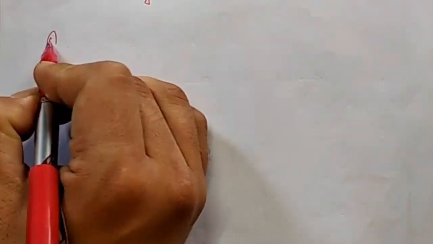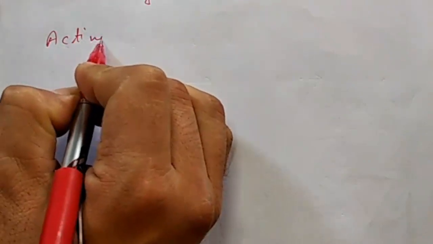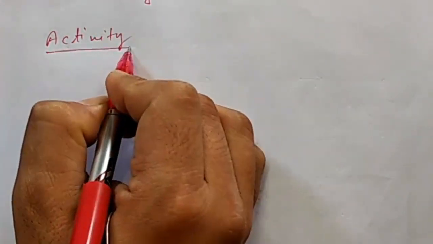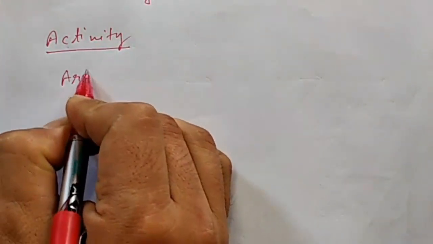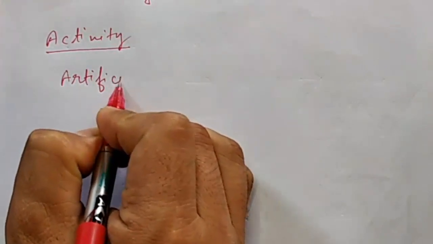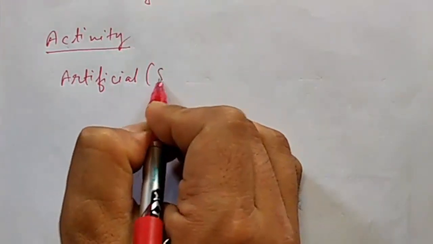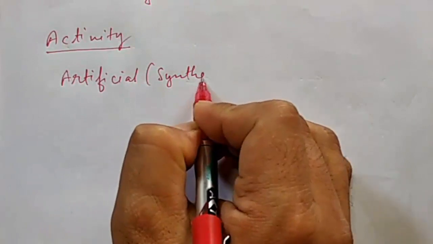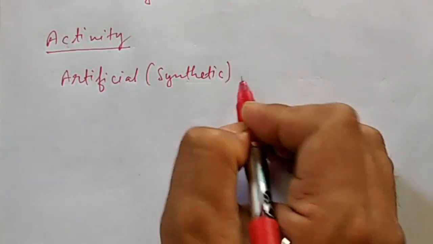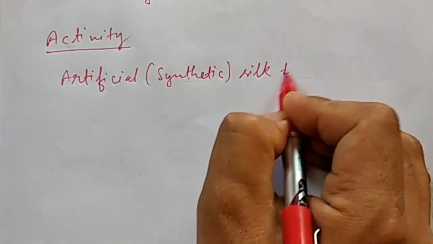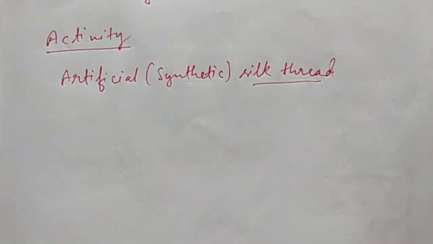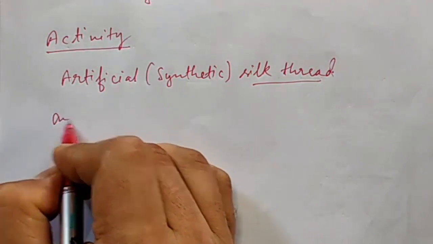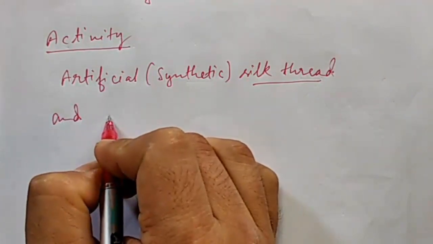We can do another activity. In this activity, we have to take an artificial or synthetic silk thread and a pure silk thread.